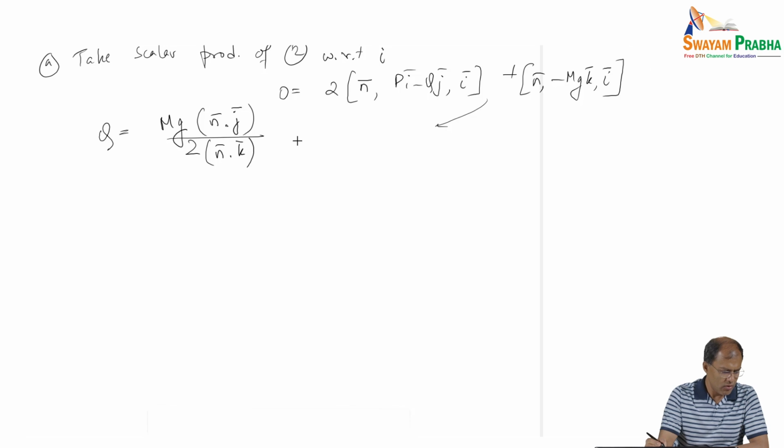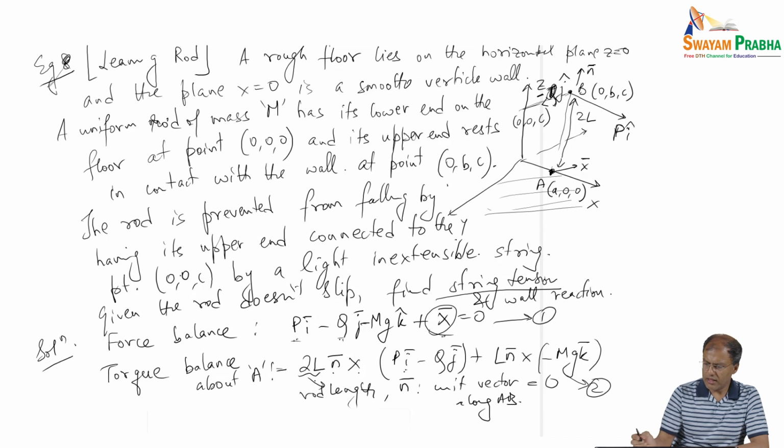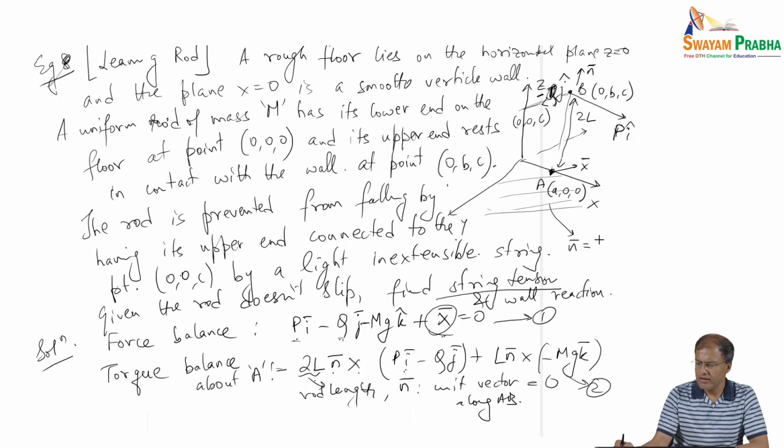Now, what is n? We have to figure out what n is. The rod's position vectors are a and b. So the vector n is a times I plus b times j plus c times k.